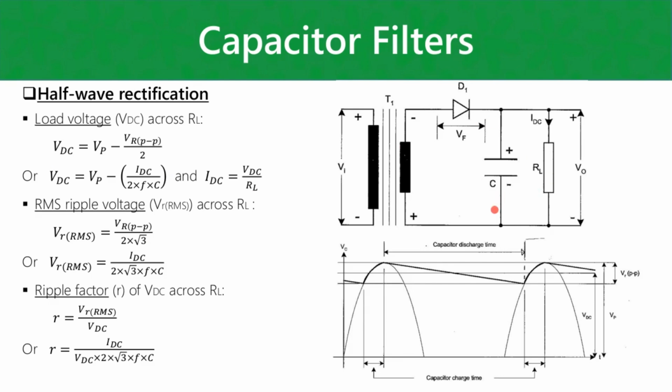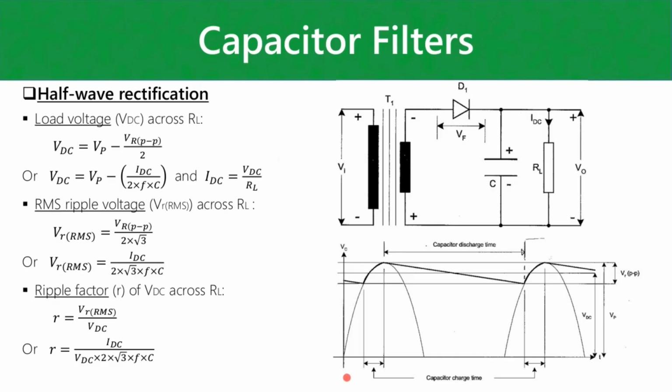Remember, components like capacitors and inductors are frequency dependent, so that's also going to have an influence on how we calculate ripple for half-wave rectifiers versus full-wave rectifiers. I don't know if you guys noticed this already. In a half-wave rectifier, our ripple frequency on the output is the same as our input frequency from our supply.